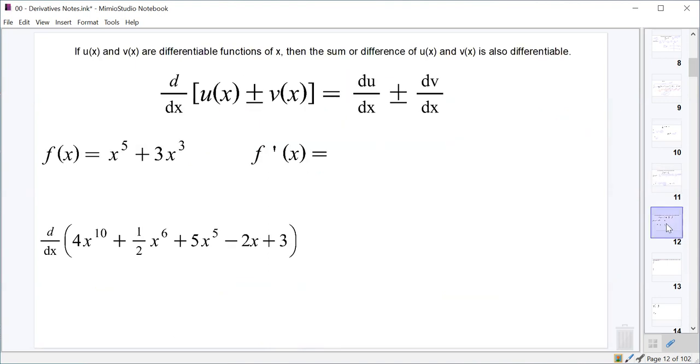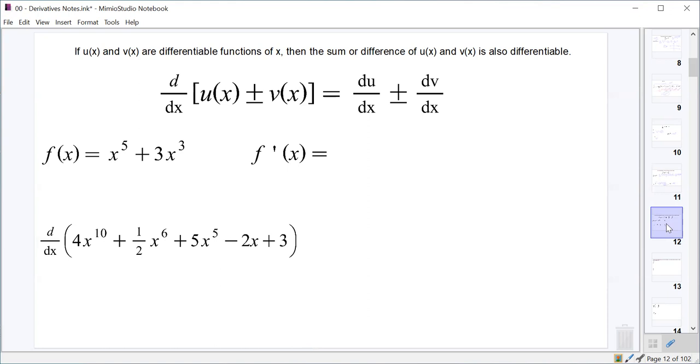This also works, and we're not going to write out a proof of this one, if we have multiple different functions being added together. So if I'm looking for the derivative of f of x equals x to the 5th plus 3x cubed, I can just take each derivative separately and then add them together. Because if I had a limit of one function plus another function, I could take each limit separately and combine them together.